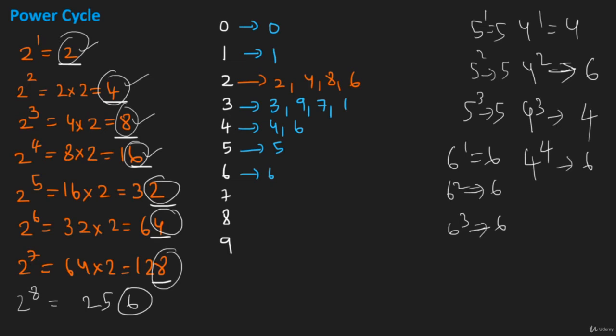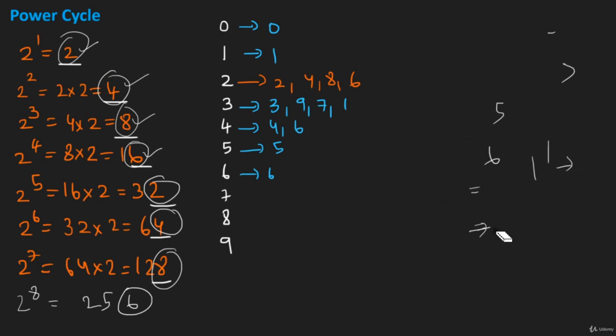Alright, in the case of 7, let's analyze the case of 7. If I take 7 to the power 1, I get 7. 7 to the power 2, that's 49, but I'm only interested in the unit digit, so I write 9 over here. 7 to the power 3, if I want a unit digit, I have to multiply 7 with 9, that's 63.